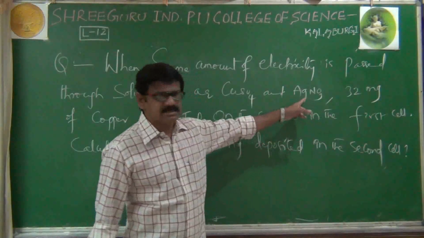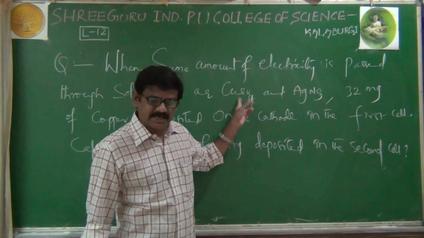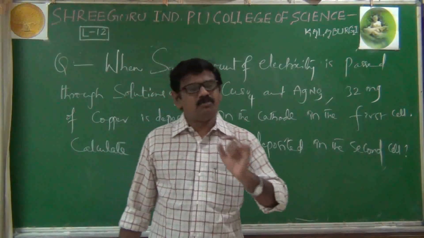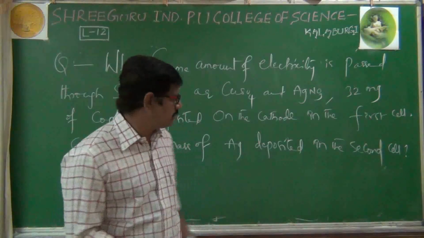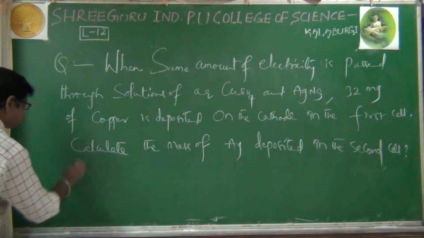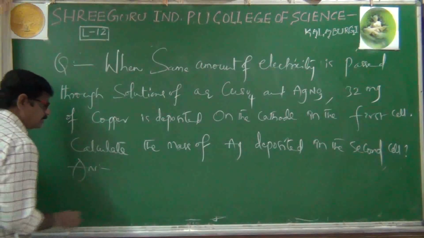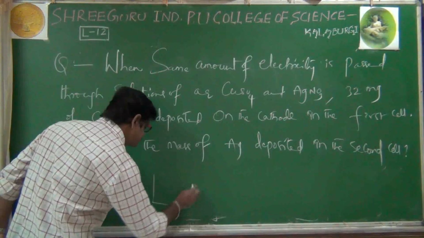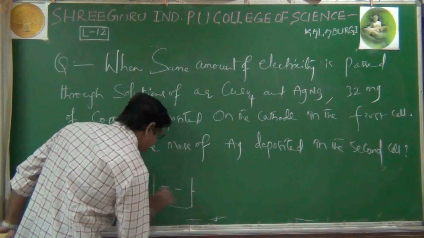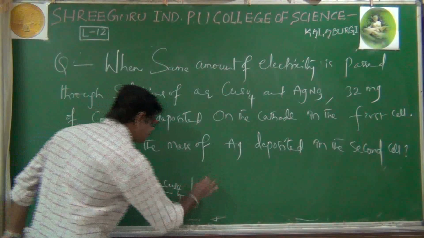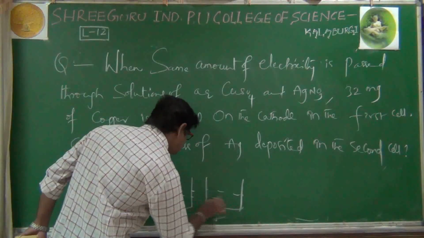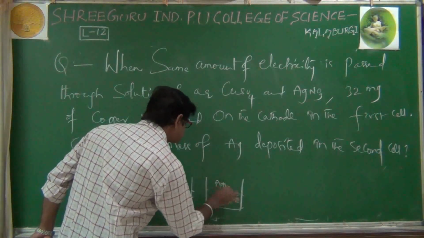In the first cell, copper has deposited. In the second cell, how much silver will be deposited? That is what is being asked. Very simple. The answer is like this. First we will understand the diagram. It is an aqueous copper sulfate solution, and it is an aqueous silver nitrate solution.